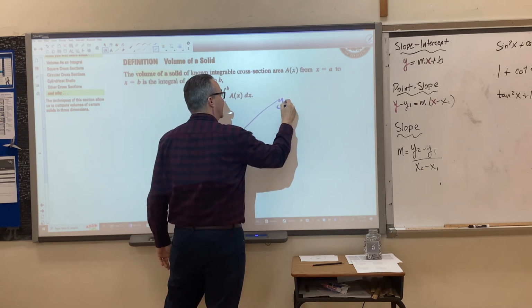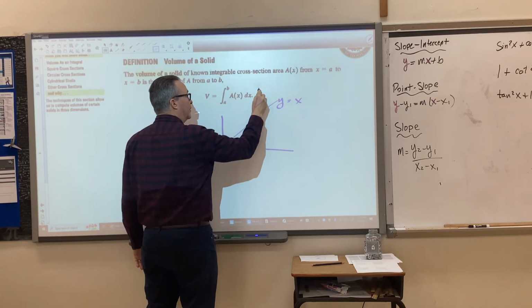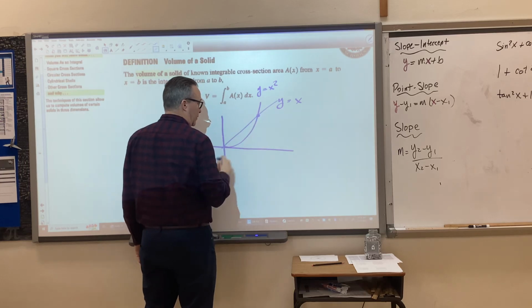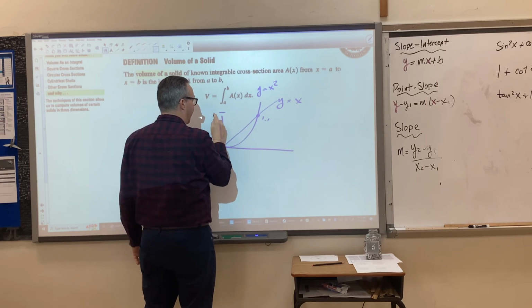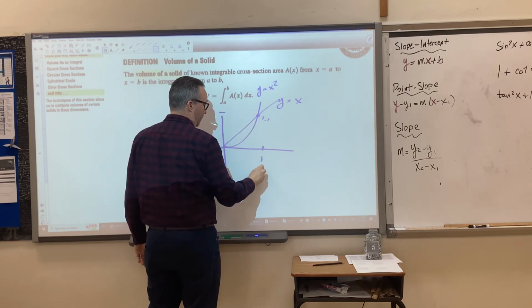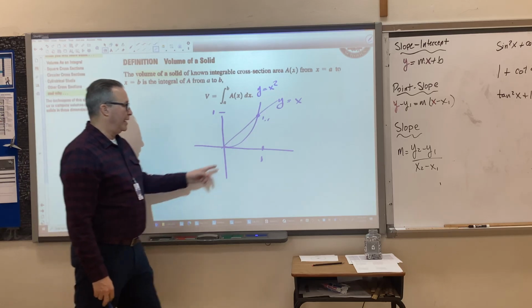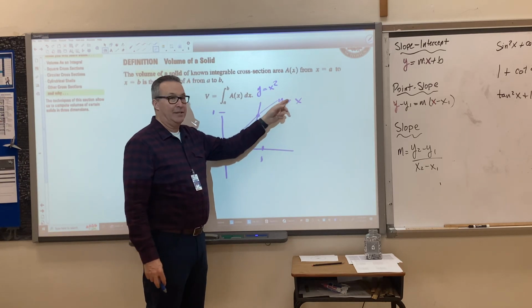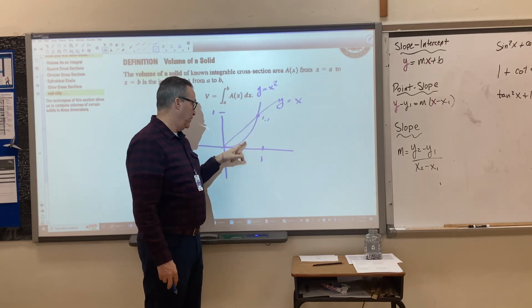If I take the function y equals x and the function y equals x squared, those two curves intersect at this point, 1 and 1, right? If you plug in 1/2 for y equals x, the y value is 1/2. The y value of 1/2 squared is 1/4. So it's lower, right?